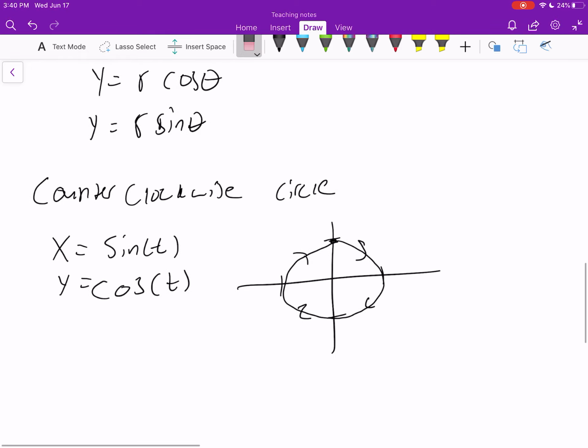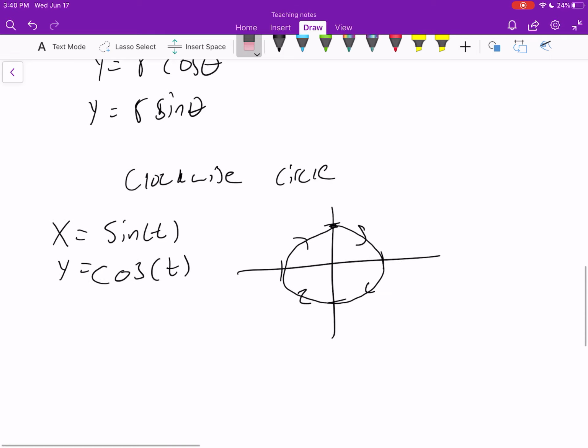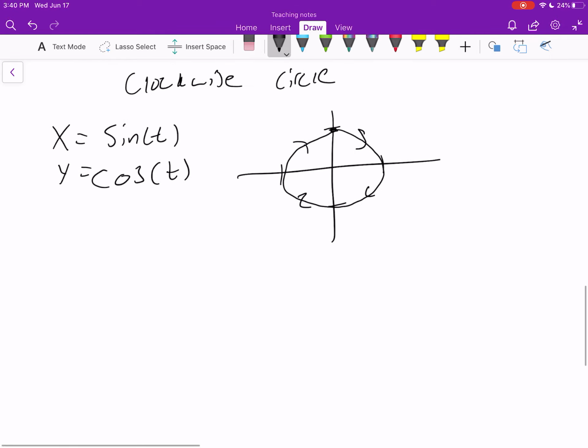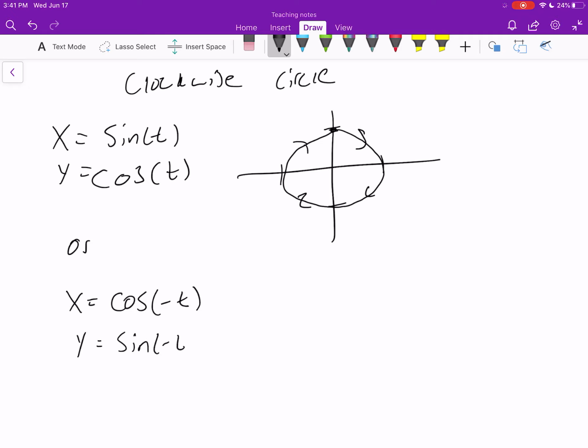There's another way of parameterizing this. You could also do x is equal to cosine of negative t, y is equal to sine of negative t. And again, this will change the parameterization.